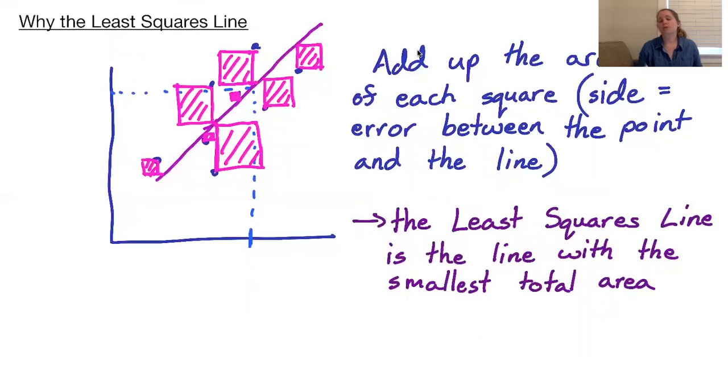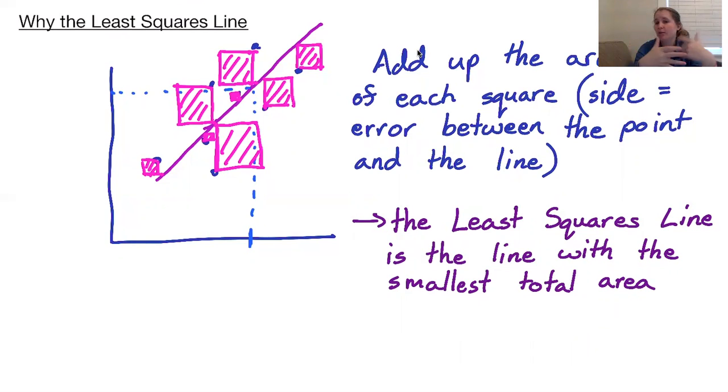The reason they use the square of the errors instead of just the error itself is if the points are close to the line, it's very clear what the pattern is. It's the points that are far from the line that make a huge difference. And so the goal here is we want to have lots of points close to the line and few points far from the line. And when we find areas of squares, if we have small side lengths, the area of a square is very small.